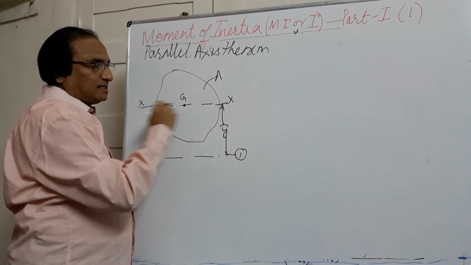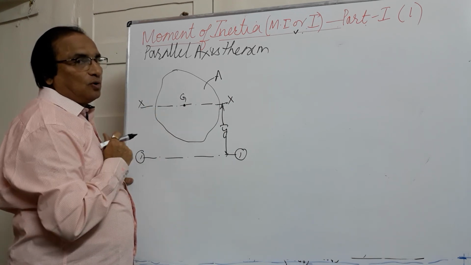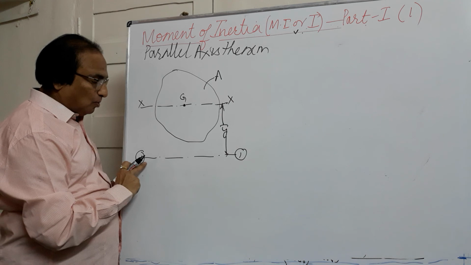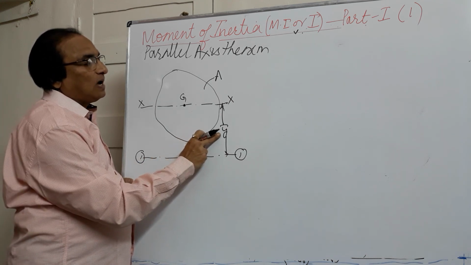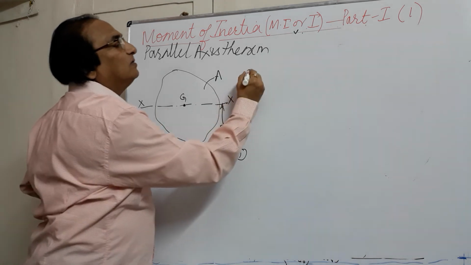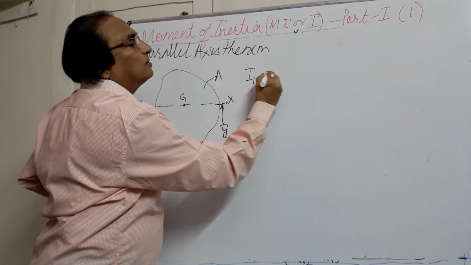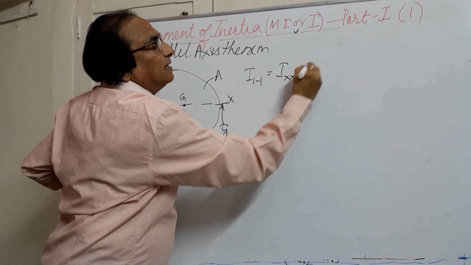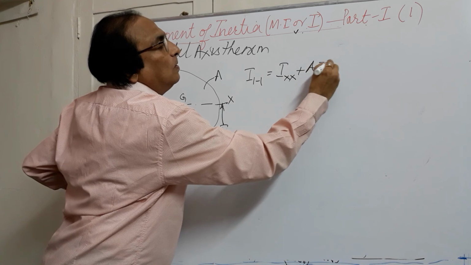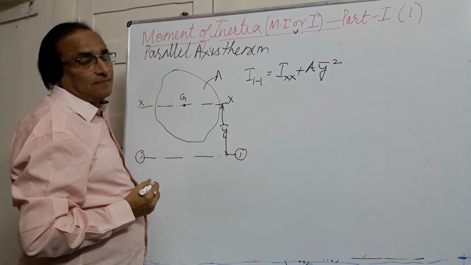If Ixx is the centroidal axis passing through the center of the body, then the moment of inertia about any axis 1, 1 at a distance y bar from the centroid is given by moment of inertia about any reference axis is equal to moment of inertia about its own axis plus A into y bar square. This is known as the parallel axis theorem.